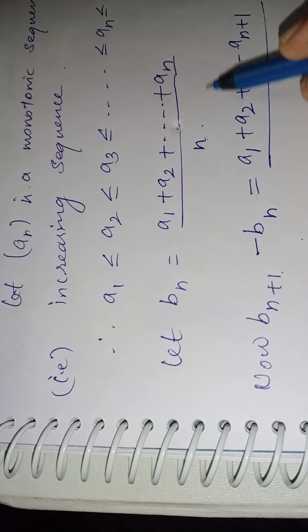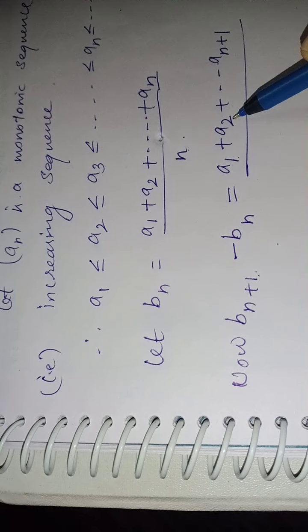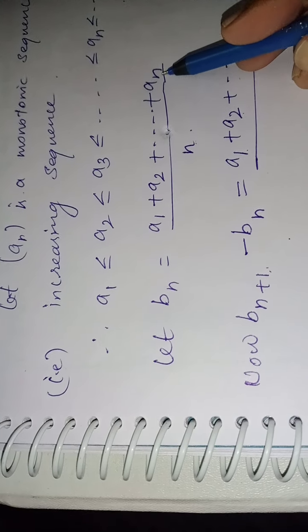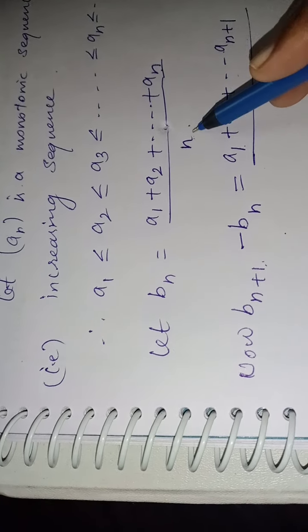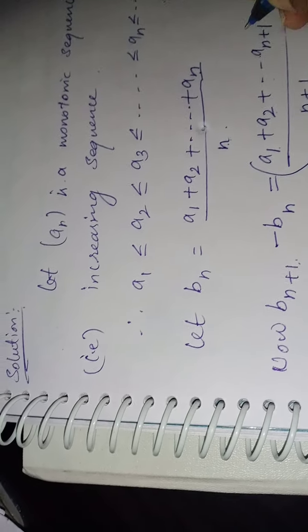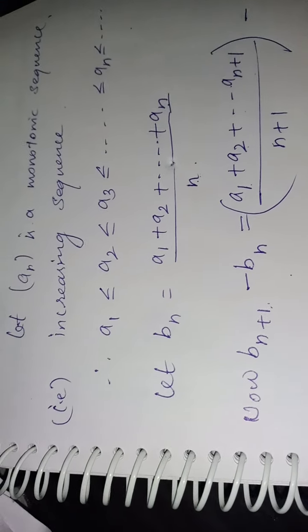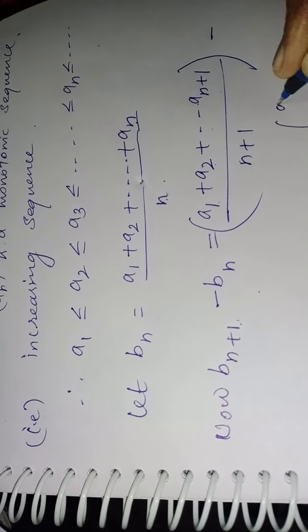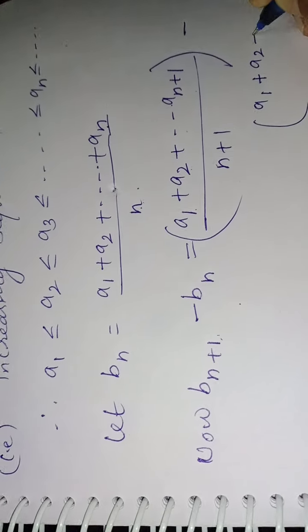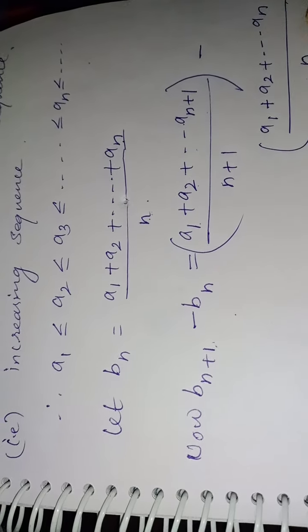That is, bn is this term, then we have to find bn+1, that is a1 + a2 + and so on. Instead of n we have to put n+1, here also n+1, minus bn, that is the given term, (a1 + a2 + and so on + an) divided by n.